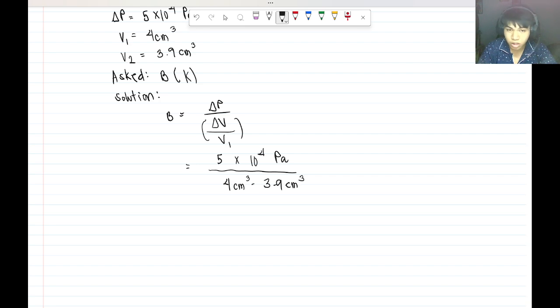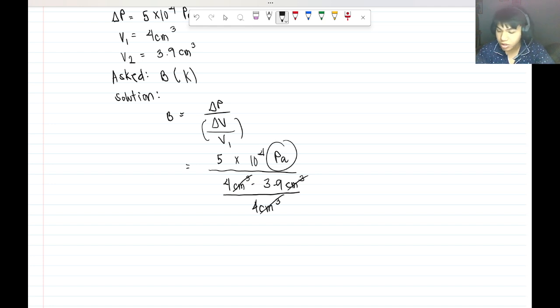Or I could have just distributed the cm cube, but that's fine. Over the original volume, 4 cm cube. And then this will all just cancel. If you want, you can convert it to cubic meters, but that's just extra work. The units will cancel anyway and you arrive at the same answer. It's still in pascals.